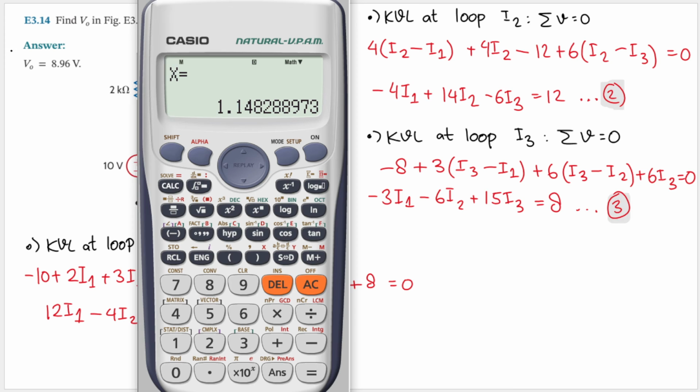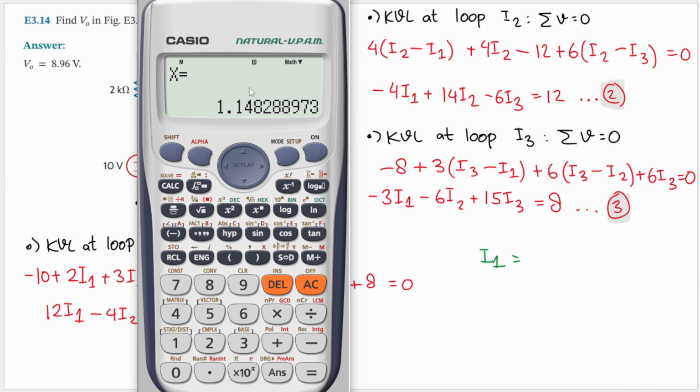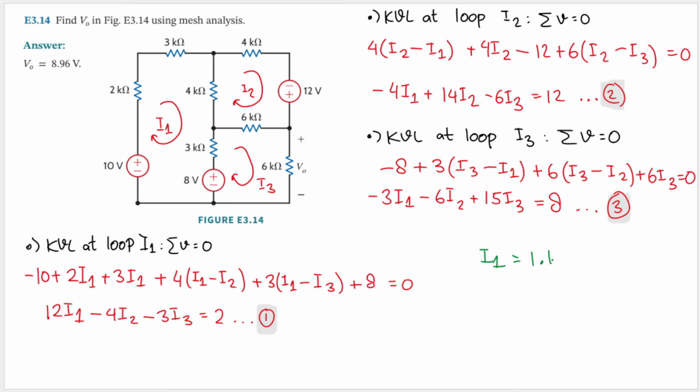Okay, so we'll have X here, which is 1.148. Let's use another color here. So I1 is equal to 1.148, and the unit will be in milliampere because this is in volt and kilo ohm. And what is I2?